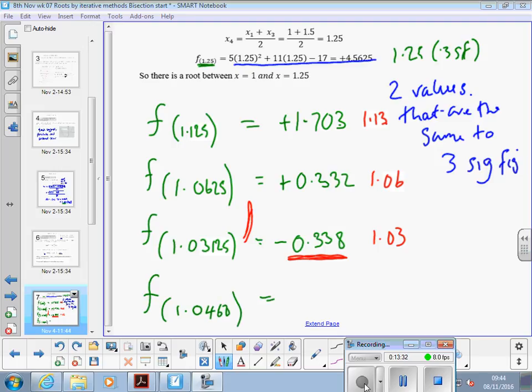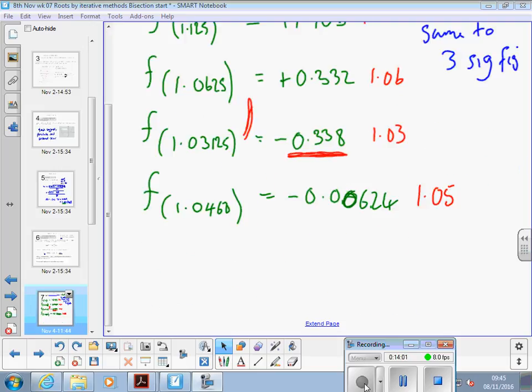The answer to that is 0.0624. Our root now to three significant figures is 1.005.